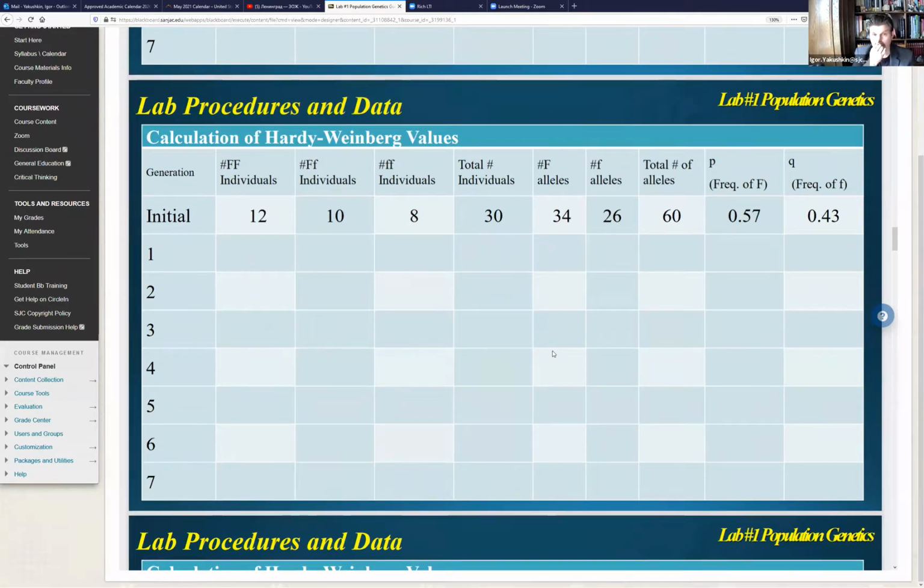Now we'll do the same thing with the lowercase f alleles. Let's take a look. How many do we have? We have 10 from capital F, lowercase f, right? And 8 times 2, so 16 from lowercase f, lowercase f. So total will be 10 plus 16, so total lowercase f is 26, right?